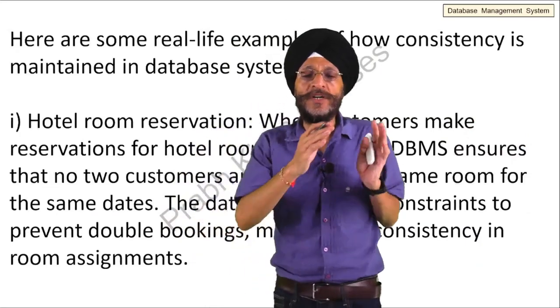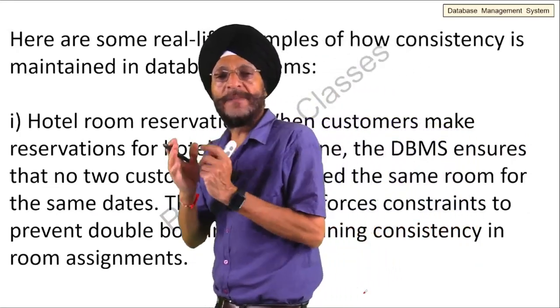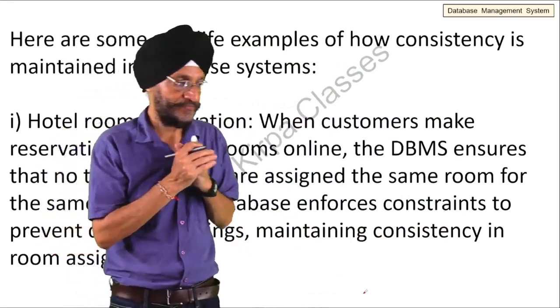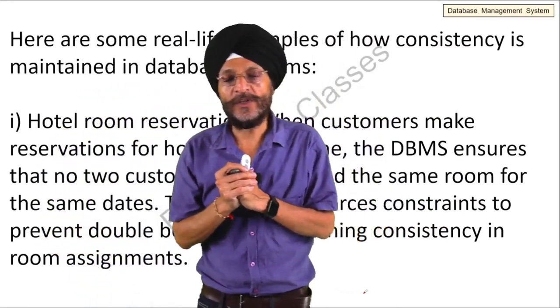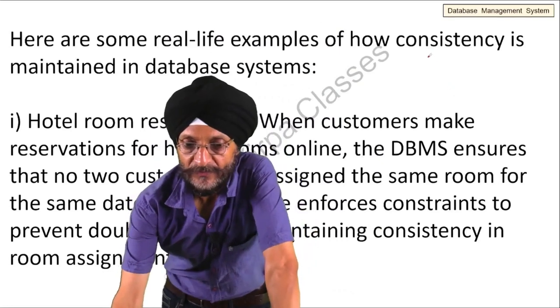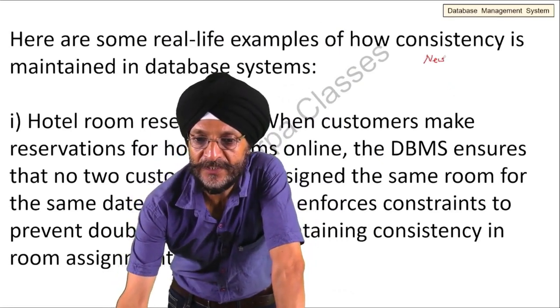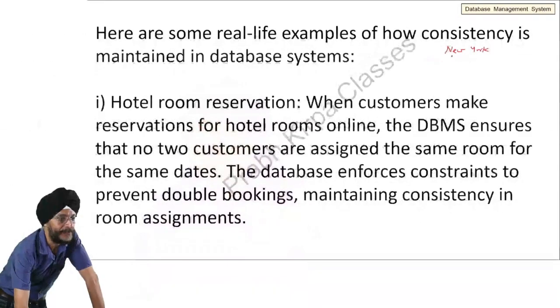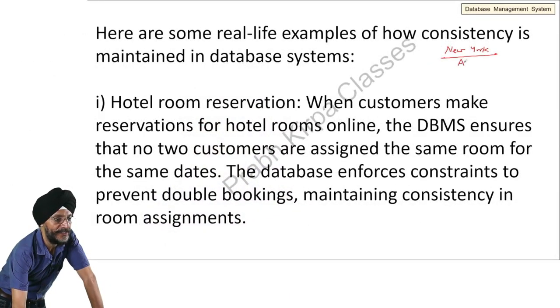Now we will try to understand this property of the DBMS with the help of an example. We take the example of a hotel. Suppose you have visited New York many times, and one of the hotels is your preferred one, say ABC Hotel. Suppose there are two customers, A and B, who want to book room number 1.